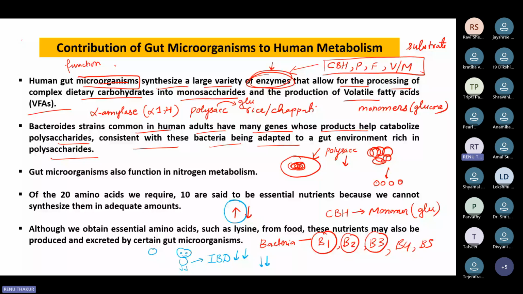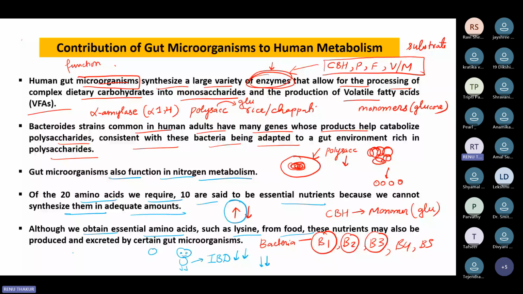So microorganisms perform this function. Gut microorganisms also function in nitrogen metabolism. Out of the 20 amino acids we require, 10 are said to be essential nutrients because we cannot synthesize them in adequate amount. Although we obtain essential amino acids such as lysine from food, these nutrients may also be produced and excreted by certain gut microorganisms.